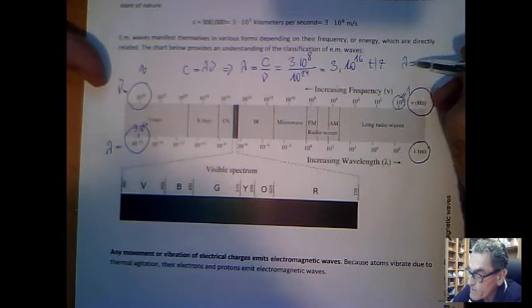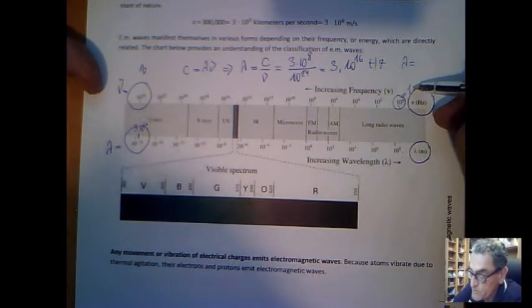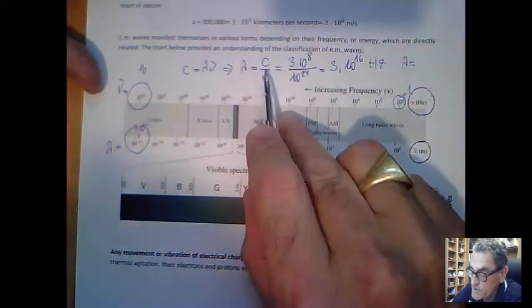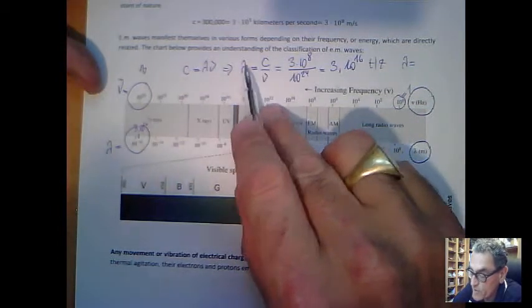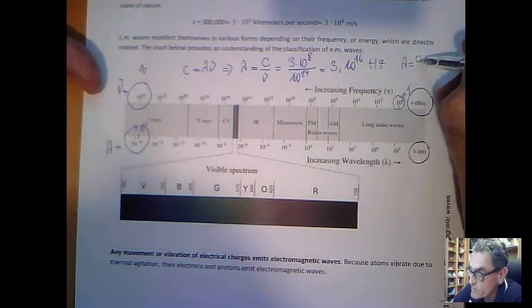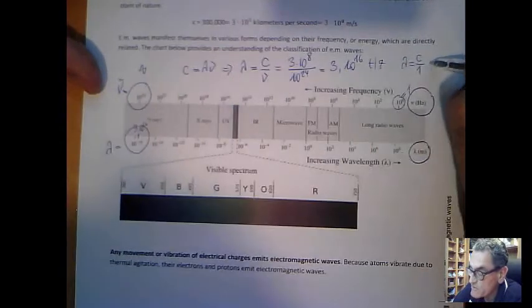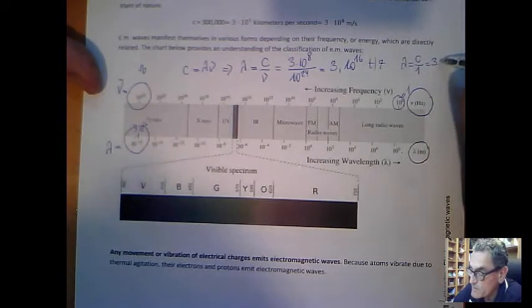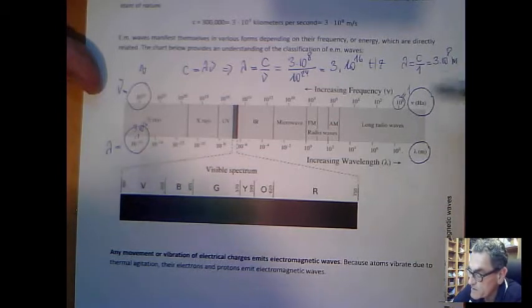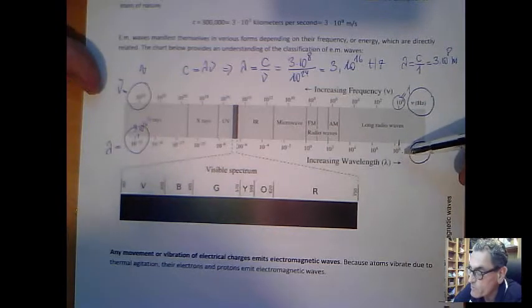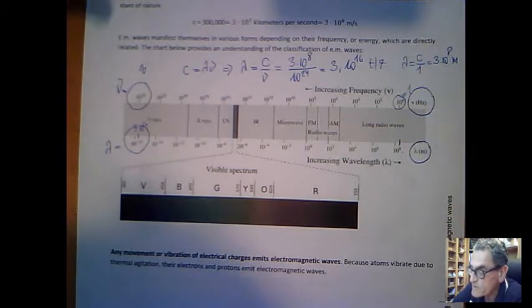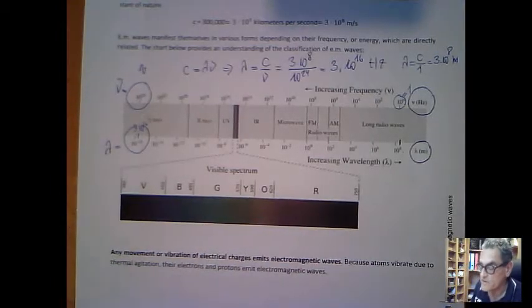What is the wavelength corresponding to the frequency of 1? Well, we saw that the wavelength is c over nu. So it's c, the velocity of light, divided by 1. The velocity of light is 3 times 10 to the power 8. Okay, and you see that here, well, we have 10 to the power 8, 3 times 10 to the power 8 is here. So we checked it in two different places, it works.